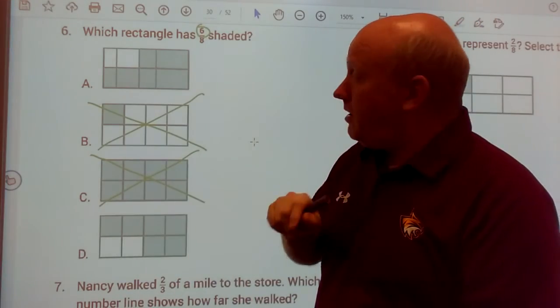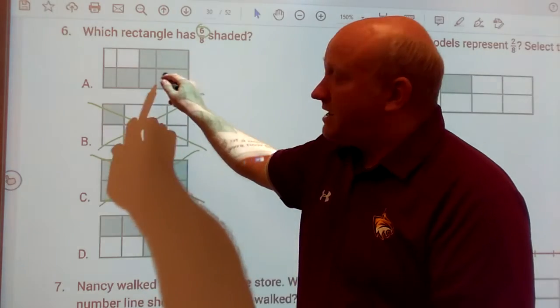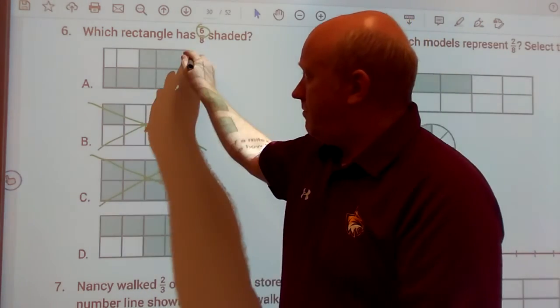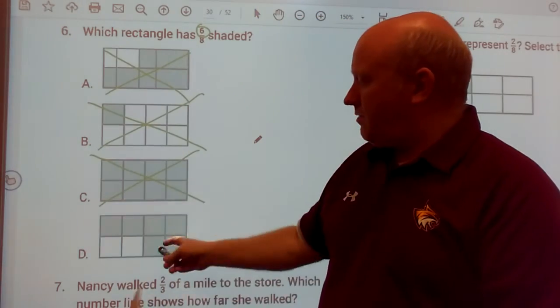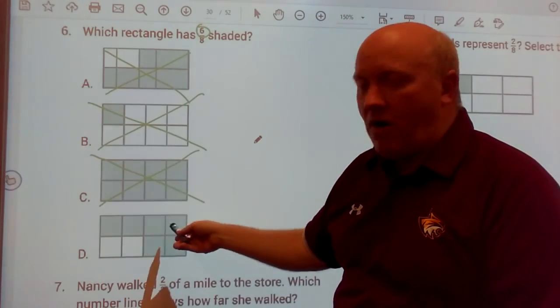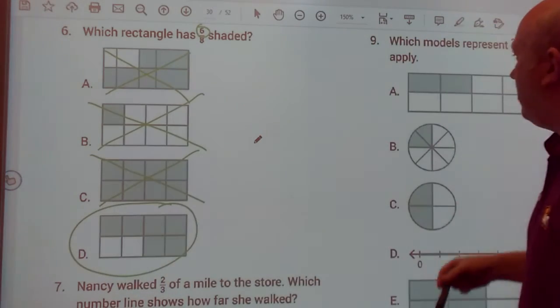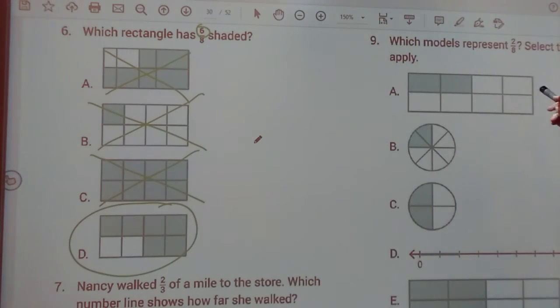Correct, it does, but are all the boxes equal in size? Nope. So the only answer has to be what? D. You notice how all the squares are equal? There you go.